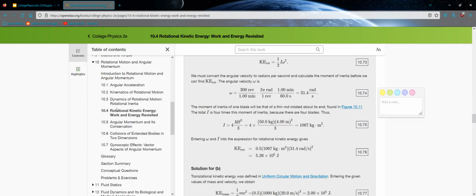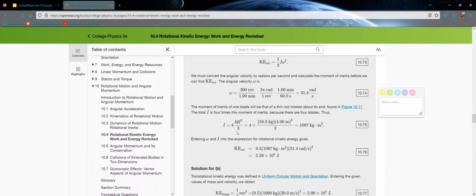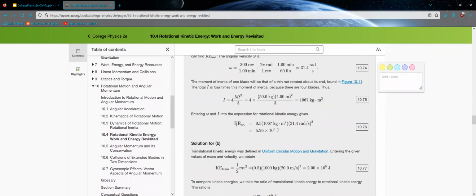And then our rotational kinetic energy is just 1/2 times I times our angular velocity squared. It's 1/2 I omega squared, and we land at a total kinetic energy of 5.26 times 10 to the 5th joules. Cool. Find the equation that has what you need to solve and solve it, right?